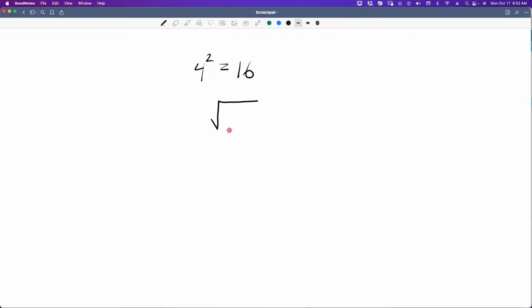It wants you to factor out the 2 identical factors that equal this. So when you see this, the answer is going to be 4, because 4 times 4 gives you 16.